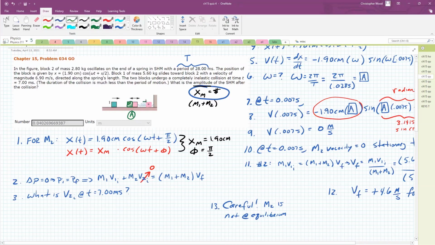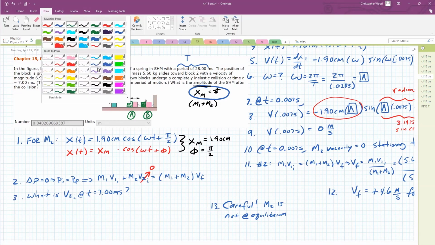And I'm going to refer to this as energy state B. All right. What is the amplitude? So let's do energy analysis. There's no friction going on.